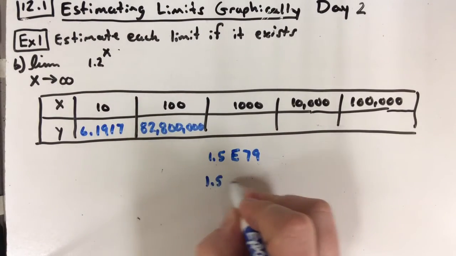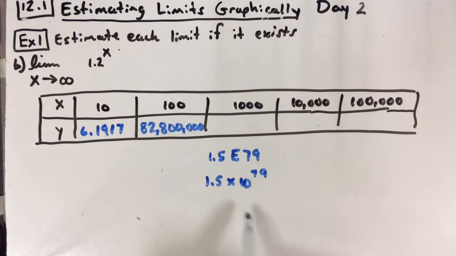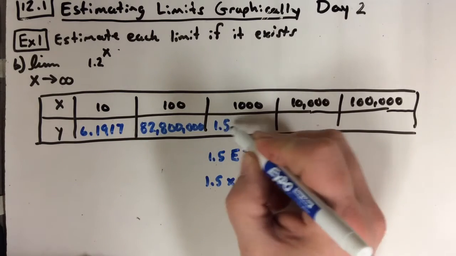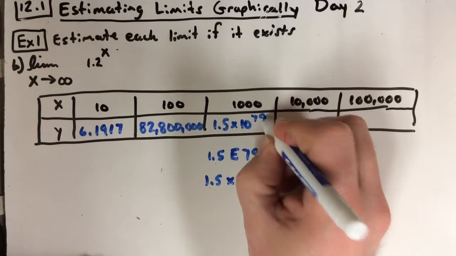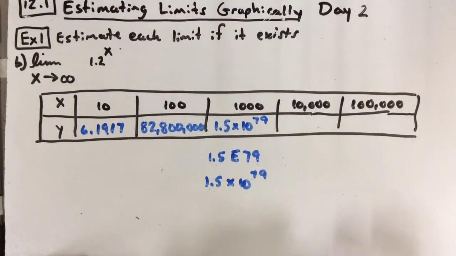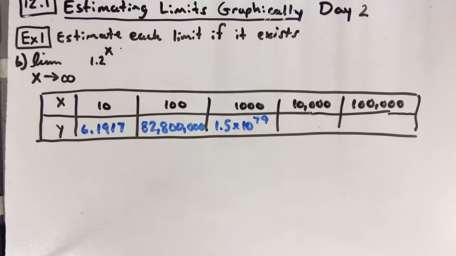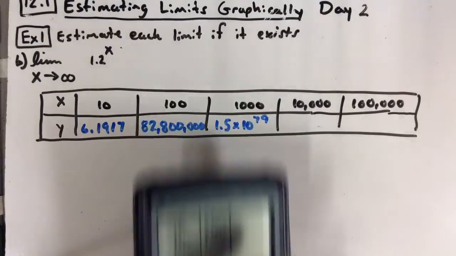So this is 1.5 times 10 to the 79th power. I certainly don't have to write that in the blank. That's a super huge number. So I'm just going to use the scientific notation when I put that in our Y value here. 1.5 times 10 to the 79th power. So either use the regular number or use scientific notation, but don't put it in there with the E value.